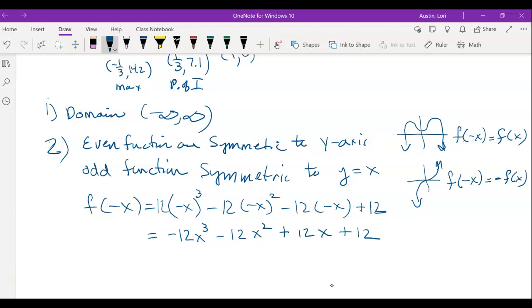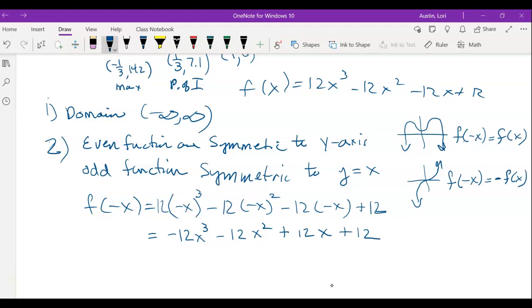The majority of the time, neither of those is going to occur. Look at your original function. For it to be the same, it's got to be positive, negative, negative, positive. Nope, not the same. For it to be the opposite, every sign has to be opposite.